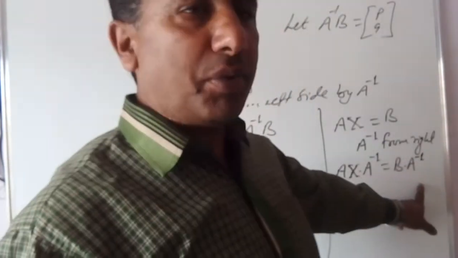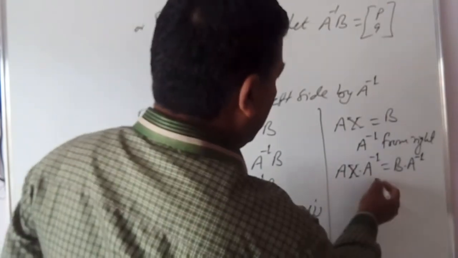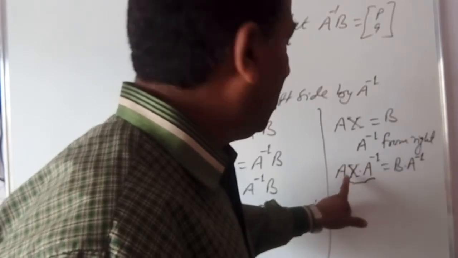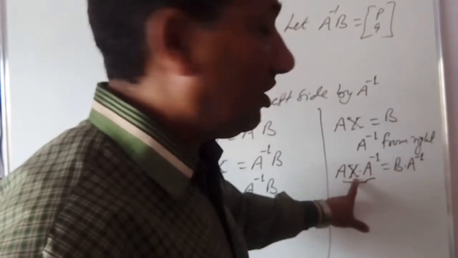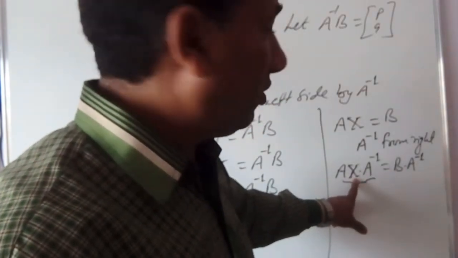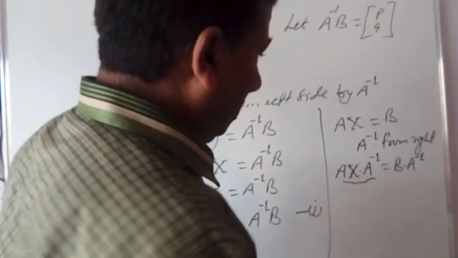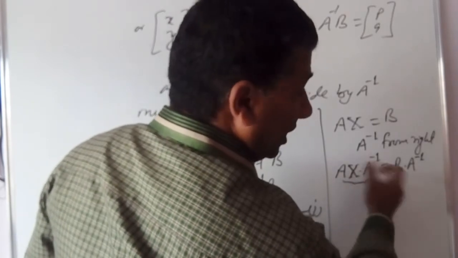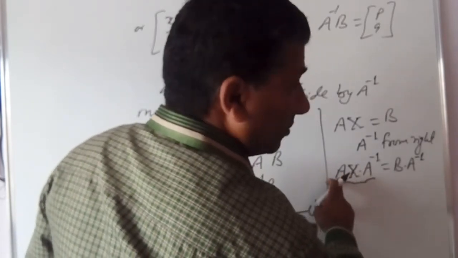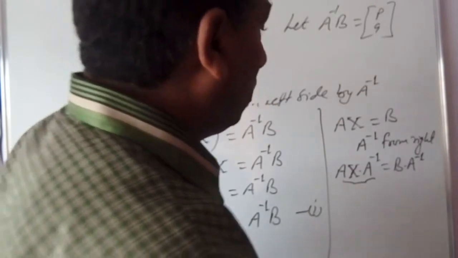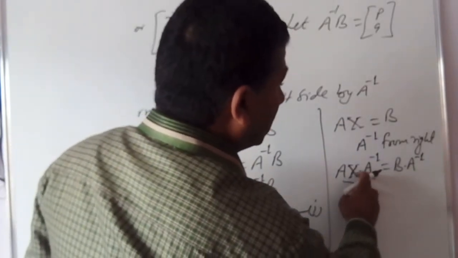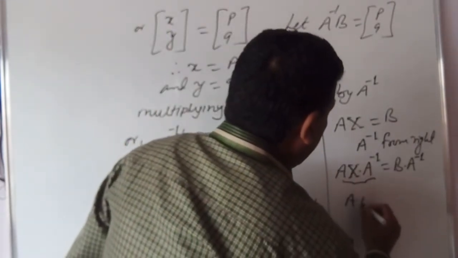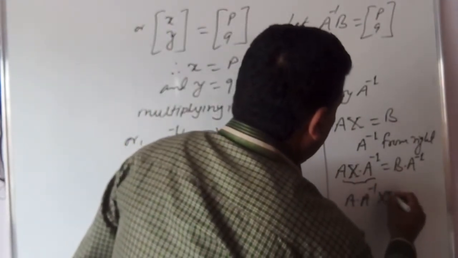This side is no problem, but here A inverse is here, A is here, and in between A and A inverse there is another matrix X. In this case, first we have to multiply these two, then this and this, without changing their position.